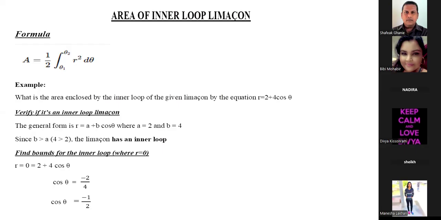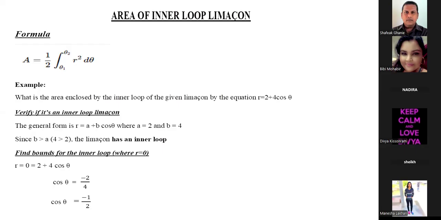Now to verify, we need to verify if it's an inner loop limaçon. So the general form is r is equal to a plus b cos theta, where a is equal to 2 and b is equal to 4. And since b is more than a, 4 is actually more than 2, the limaçon has an inner loop.